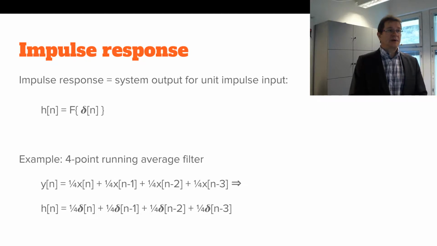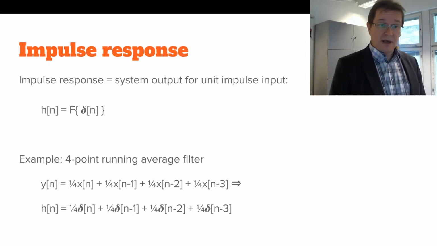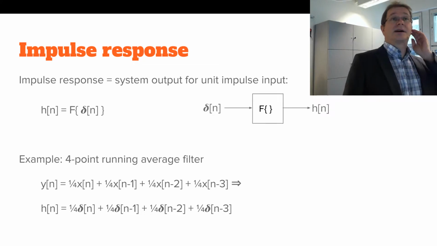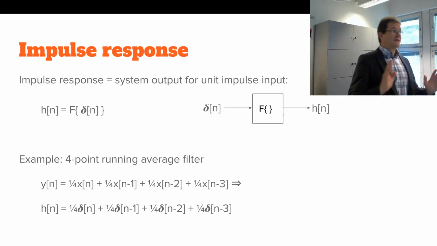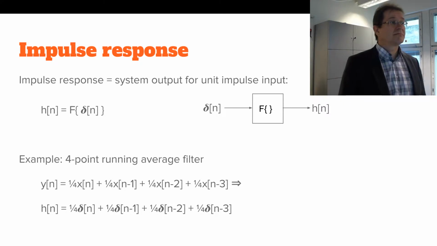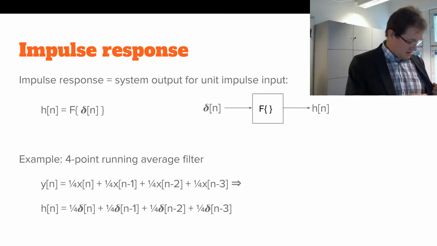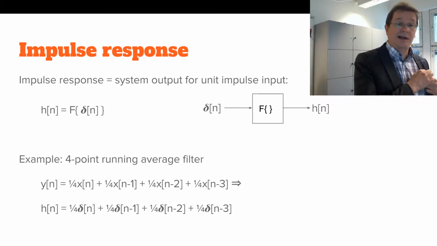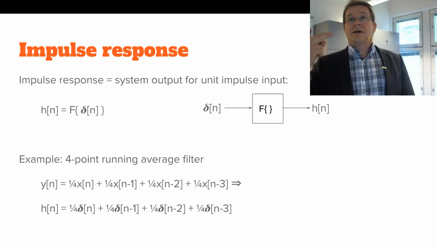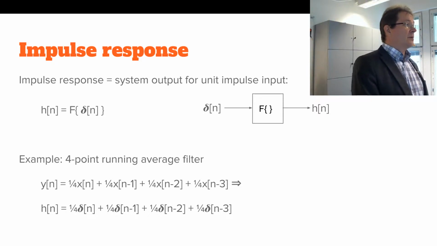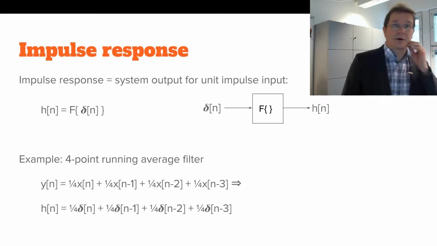It's simply the output of the system when an impulse signal is coming in. Yes, I have a picture on that one. So that's the definition, nothing else, and it's quite easy to measure in the digital world.